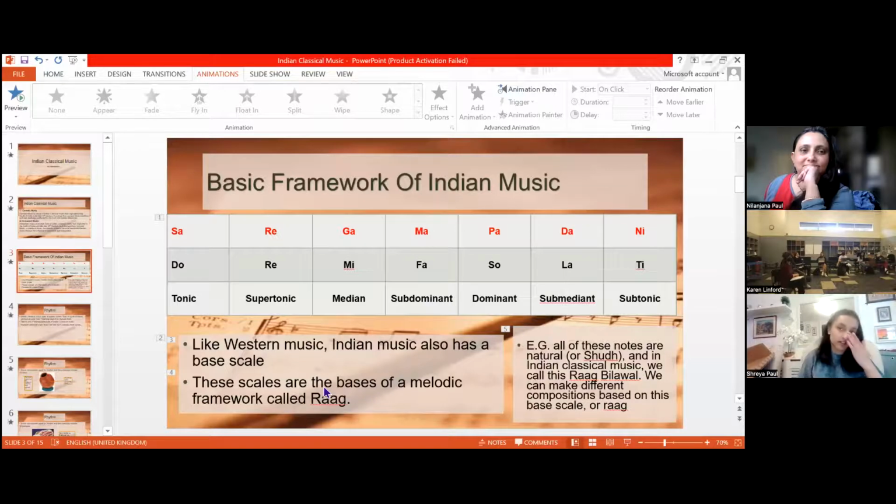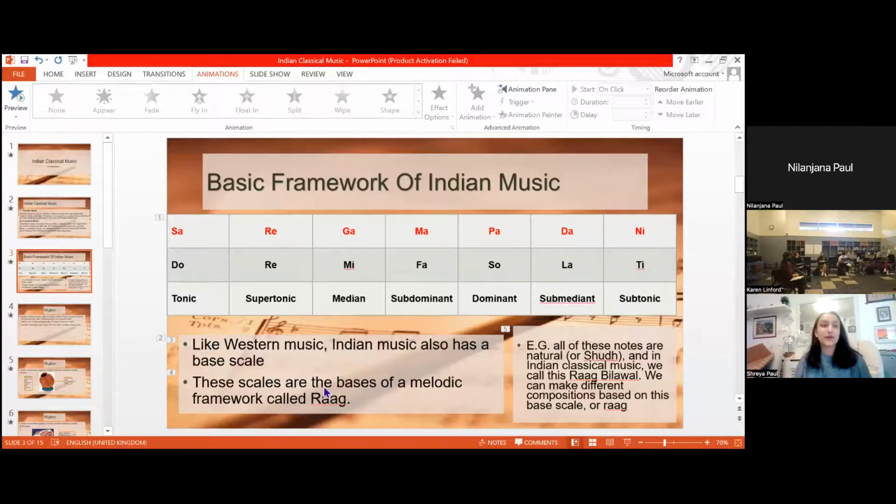I don't know any raags that do use the ni when you have your scale without a certain note. But there are many raags, hundreds, maybe even thousands of raags which we just don't know about, all of which are quite old. They would have been created around the 12th to 16th century.